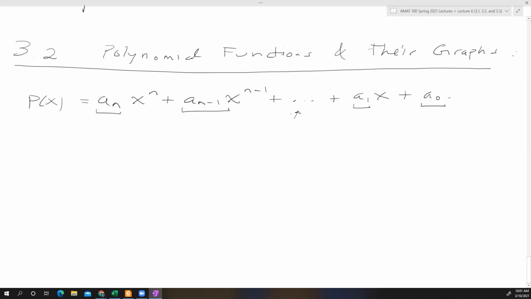There's a bunch of terms that occur in between, and these are the coefficients. This is the leading coefficient right here, and this is the constant term. And if n is not 0, then we say that this is an n-degree polynomial, a polynomial of degree n.